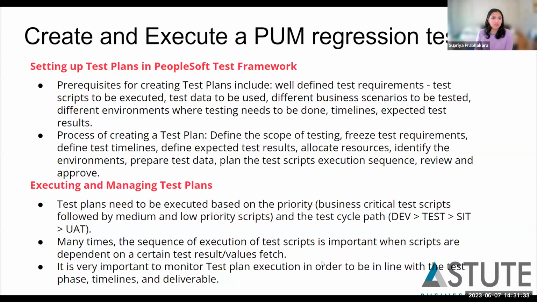Some may just have dev and test, some may have dev, test, and SIT and so on. So you need to identify your regression path as well. And of course, we have to be in line with the timelines and what are the expected test results.